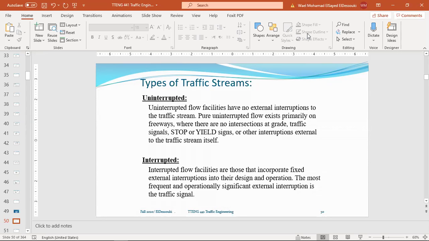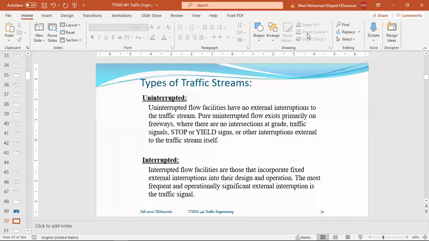There is no interruption of the flow by a traffic sign or stop sign or any of that. The only interruption that might take place is due to traffic congestion. So the interruption is not exogenous to the traffic stream. It's endogenous to the traffic stream, if there's any interruption.